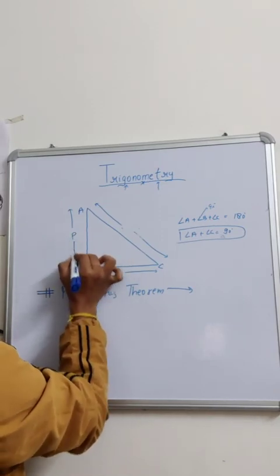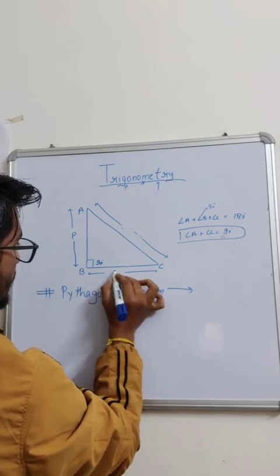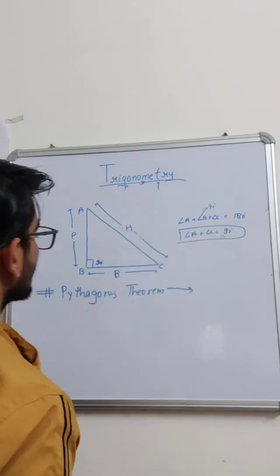This is perpendicular P, this length P I am considering, this length B I am considering, capital B, and this I will consider capital H.